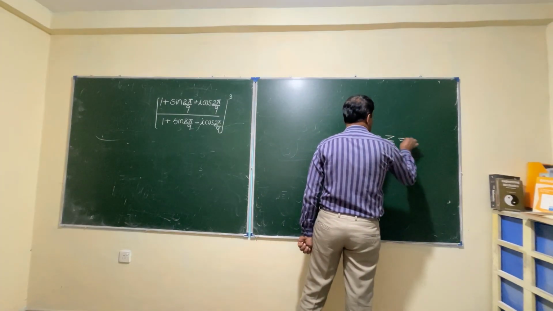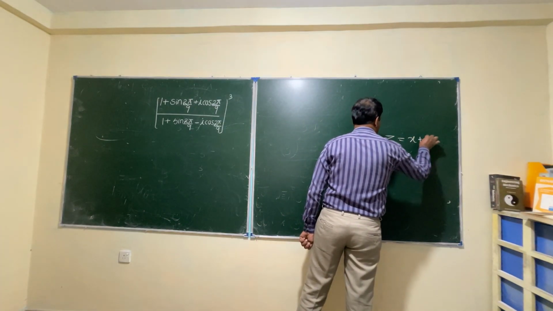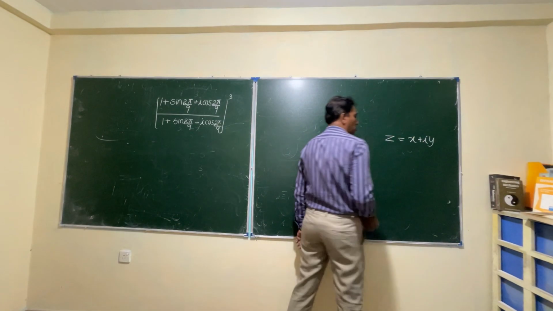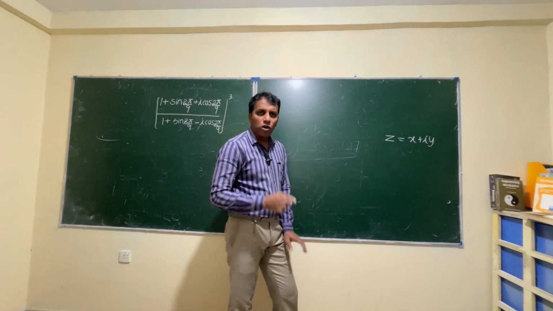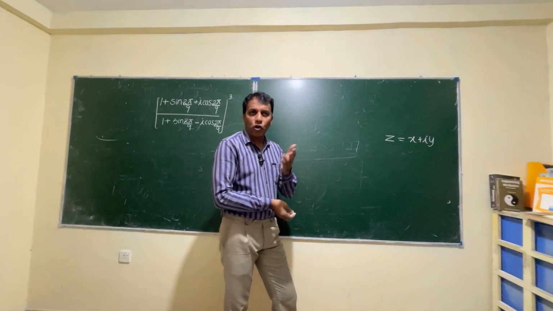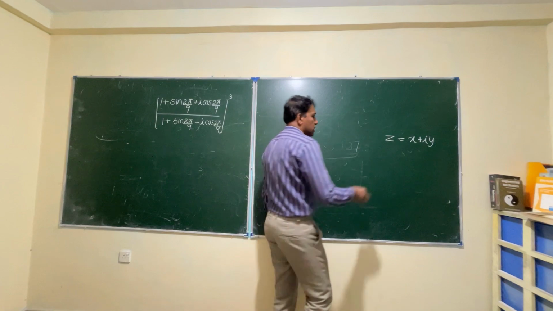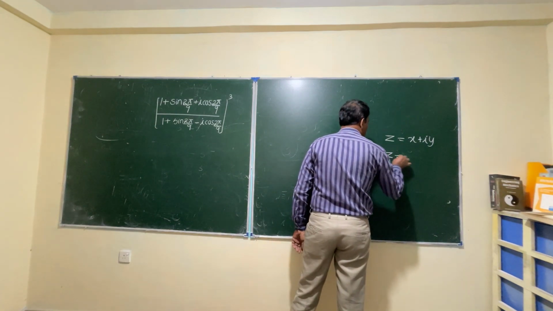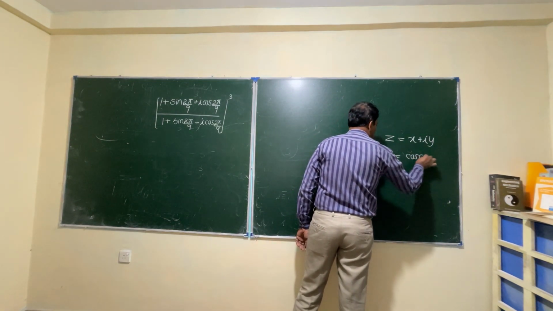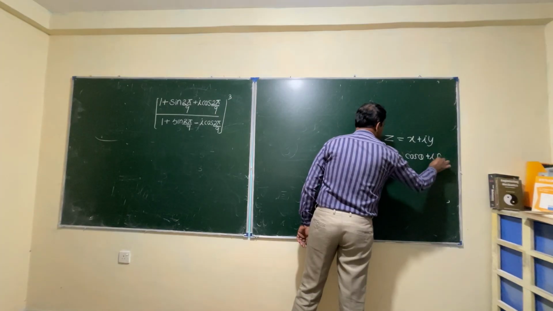In Cartesian format, x plus iy. Or the trigonometric format, otherwise called the polar format, z equals cos theta plus i sin theta.